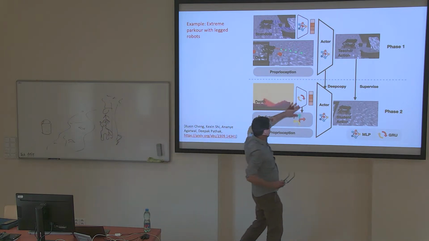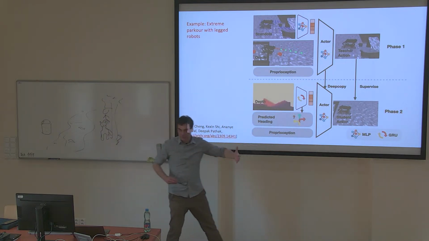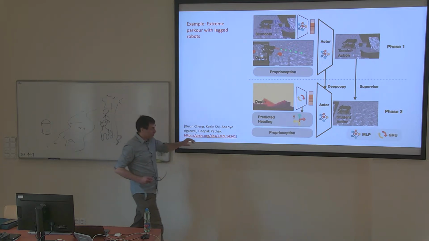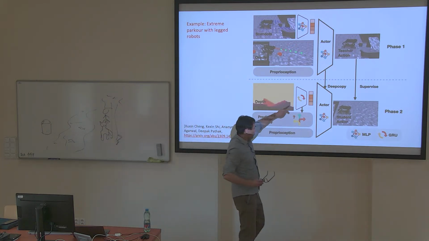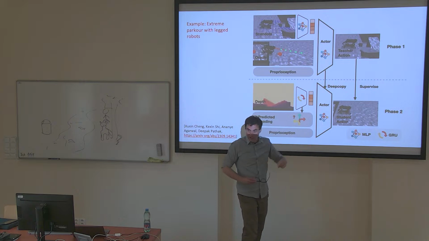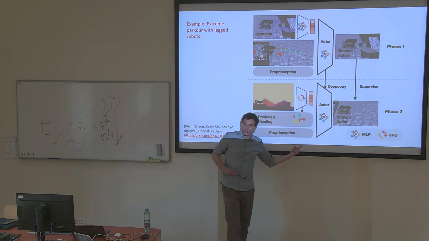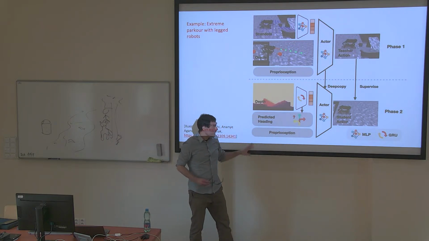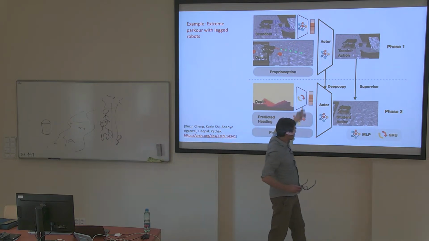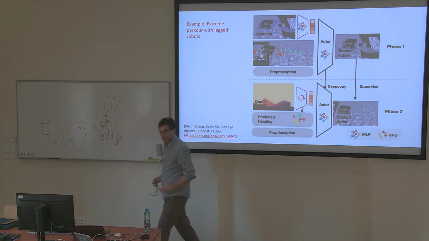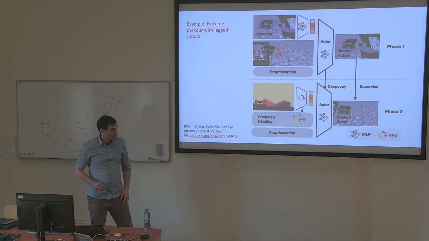So they use that to represent a little bit of the history of the observations. They use it to predict the heading, which direction it should go. They have proprioception from the real robot, which they can measure. And then they use that to produce the action, which is the voltages on the motors of the real robot.